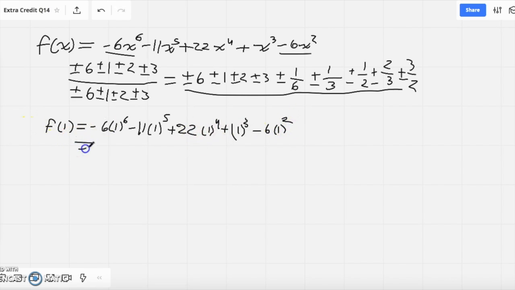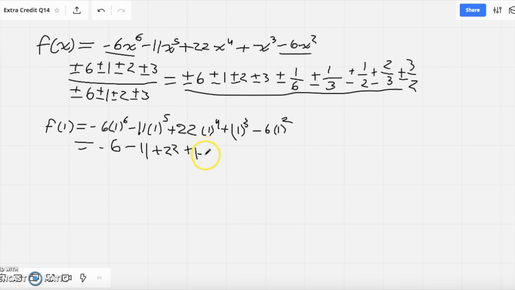So after we figure that out, we would do the multiplication. This is going to be -6 because 1 times -6 is -6, and so on. So it'd be minus 11, then it'd be plus 22, then it'd be plus 1, and then finally minus 6.